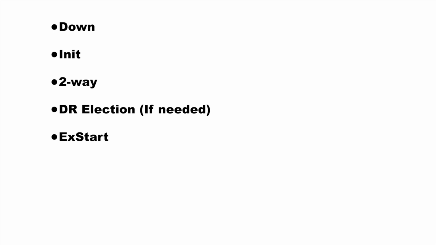Once ExStart state is complete, it moves into the exchange state. This is a state where they start exchanging the summary of the LSDB. When two routers start exchanging databases, they don't exchange the entire database. It works like a checklist.